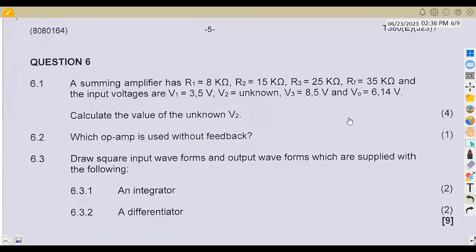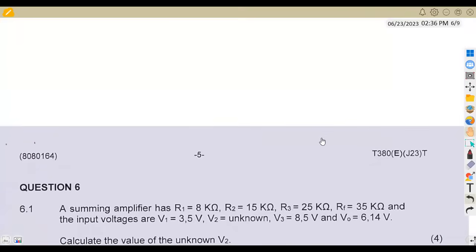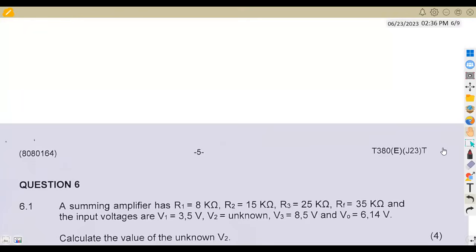So in this case, this is a summing amplifier, guys. Let us just have a sketch here. We know that our amplifier has the terminals entering it, that is R1, R2, and R3 combined together, so this is what you're going to have entering our amplifier, but with a feedback.